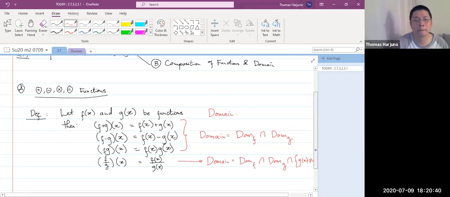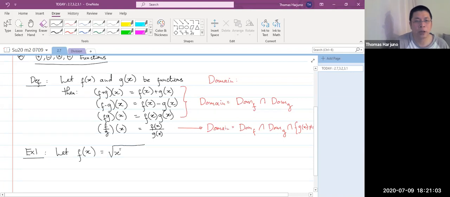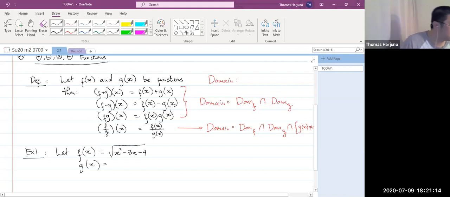Okay, for example, example one. Let's say f(x) equals the square root of x squared minus 3x minus 4, and g(x) equals 3x minus 2.